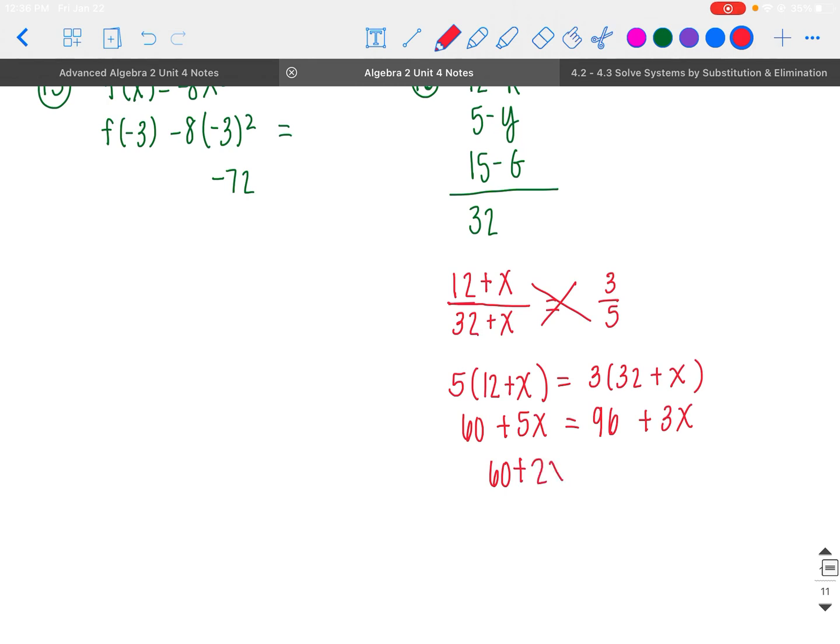Then if we subtract 3x, we get 60 plus 2x equals 96. And then subtracting 60 gives me 2x equals 36. So x equals 18.